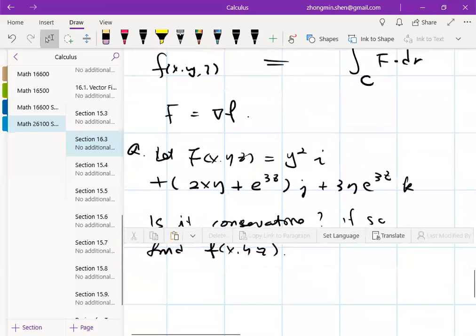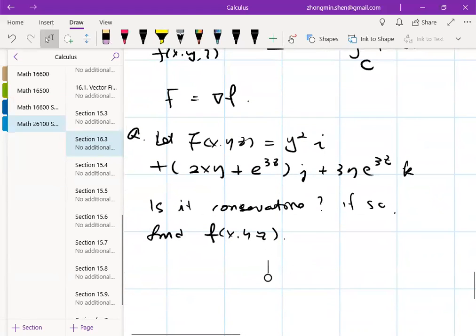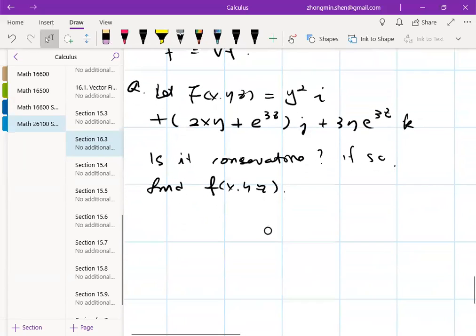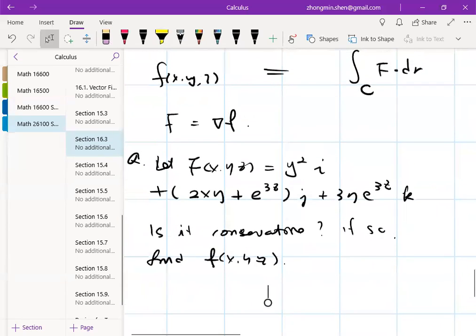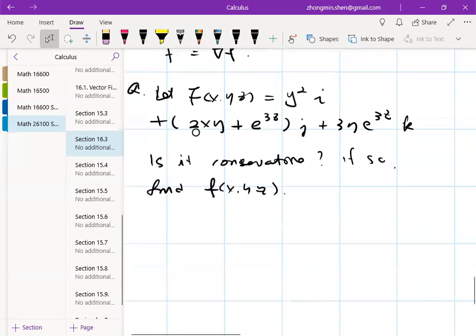Of course, you cannot use the line integral to check whether it is conservative because you don't know the specific C, right? But if you just assume it is conservative, then this is where we construct it. Okay, so we can try. You can solve it directly.